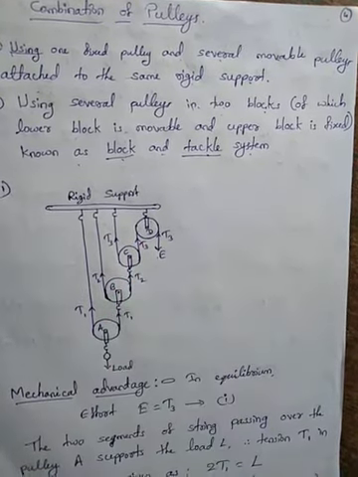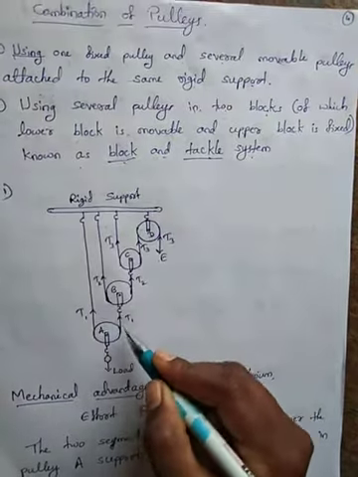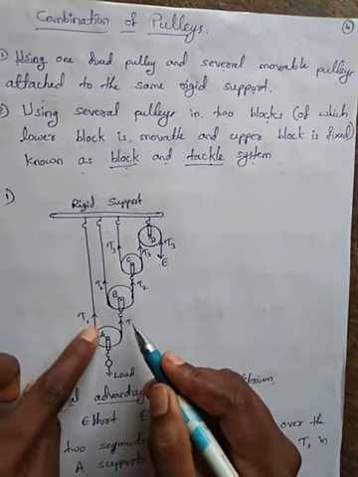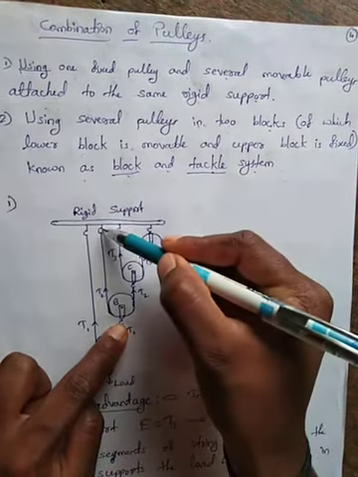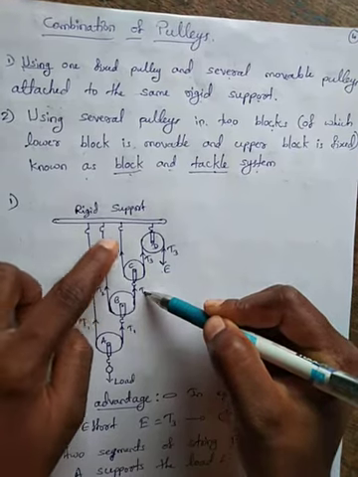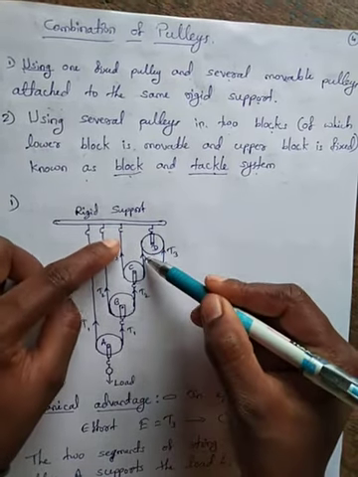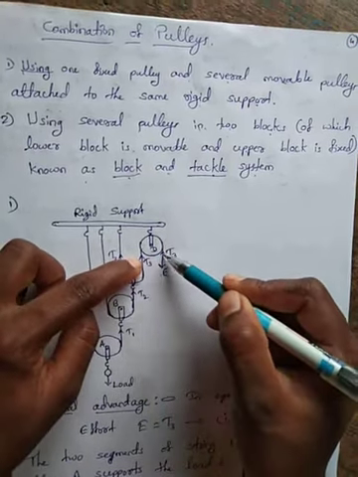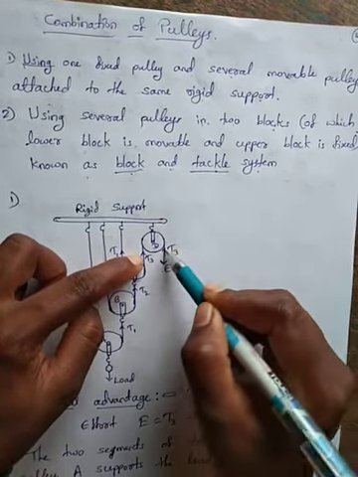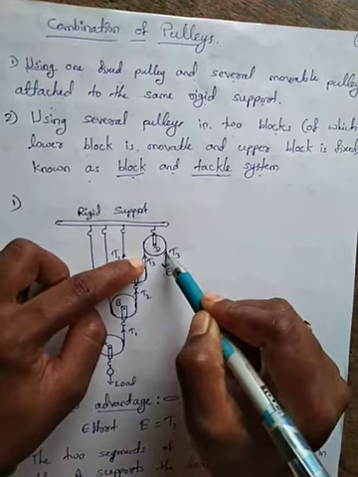The tension in the first string, on movable pulley A, is T1. See, this one is one string, and this string attached to pulley B has tension T2. The tension in pulley C is T3, and this fixed pulley D also has the same tension, T3.